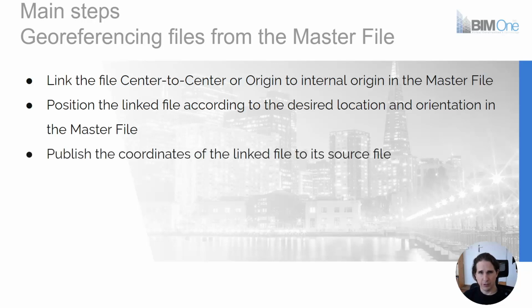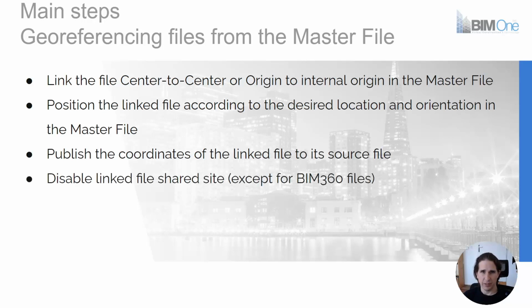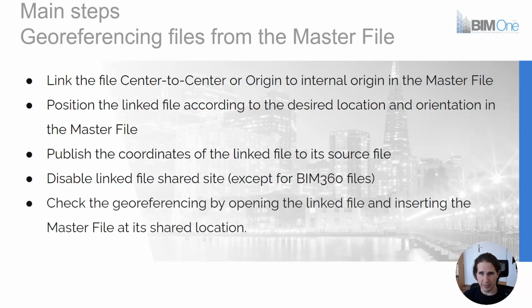Then you will need to publish the coordinates of the linked file to its source file, and then disable the linked file shared site, except for BIM 360 files, obviously, and then check the geo-referencing by opening the linked file and inserting the master file at its shared location, and not forgetting to put the survey point accordingly.